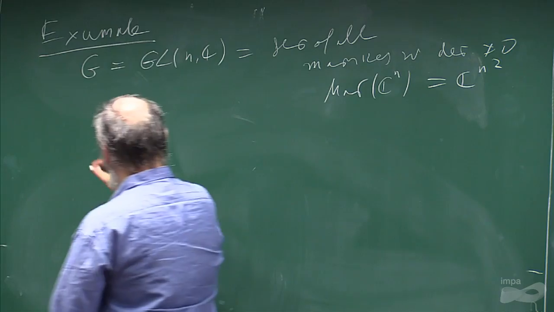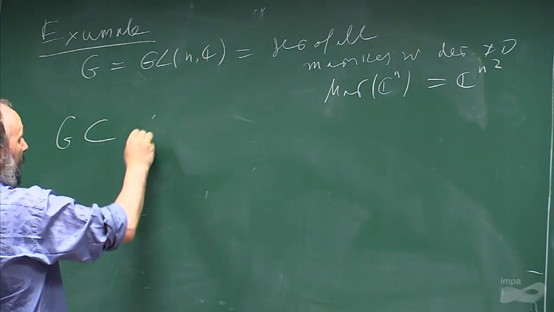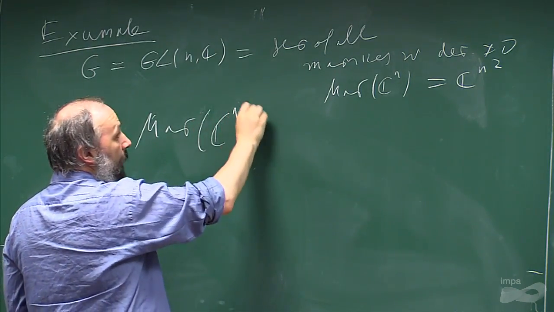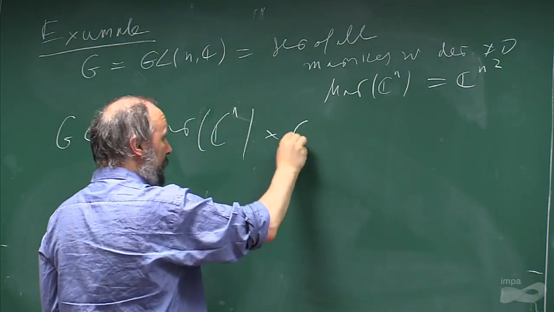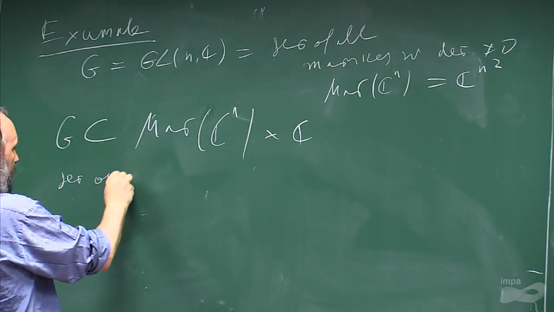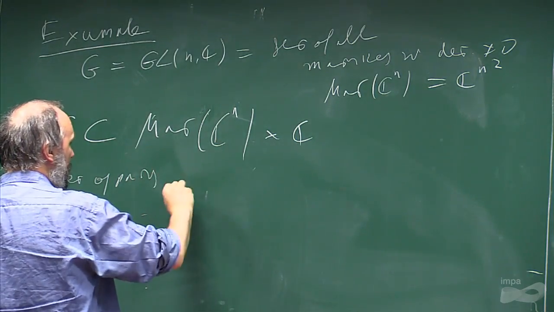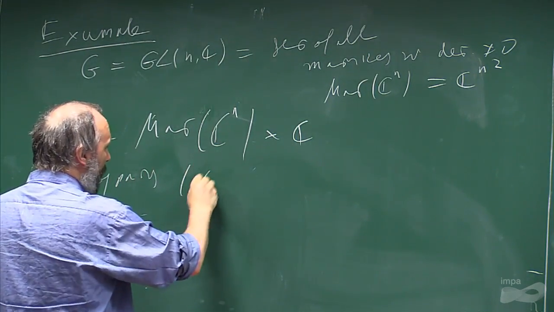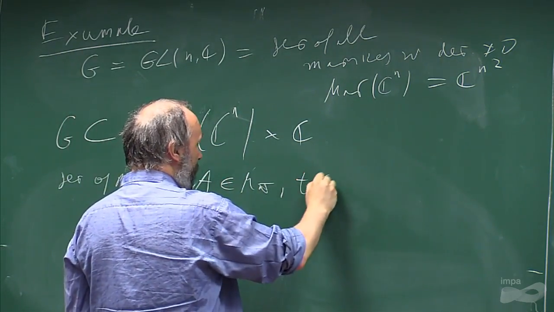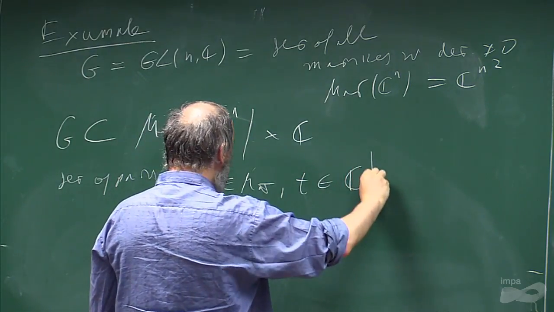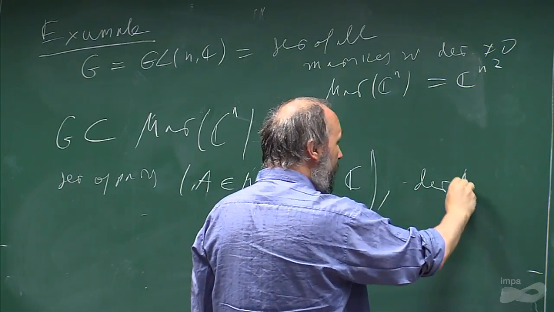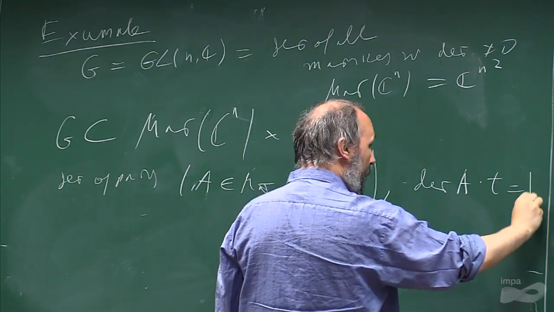We represent G as a subset in matrices, which are already C^{n^2}, times C. And it's a set of pairs A inside matrices, T inside C, such that determinant of A times T is equal to 1.